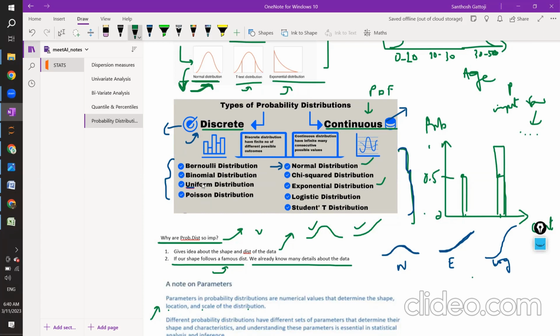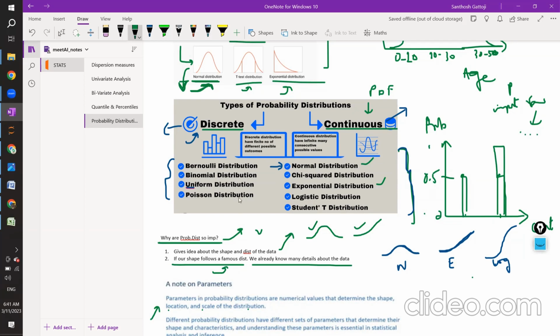Now, the second point is about these different types of distributions that we will be seeing. As I said, these are not the only discrete distributions available out there, and these are not the only continuous distributions, but these are the famous ones. Why are they famous? Something becomes famous when it is mostly followed or mostly available in nature. In actual day-to-day life, you can find these distributions very often.